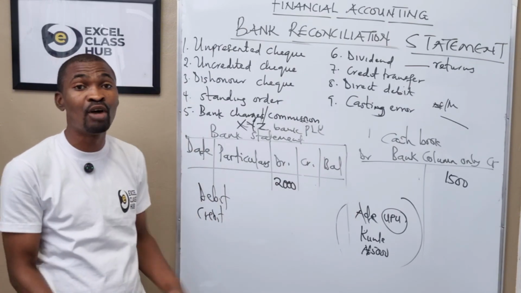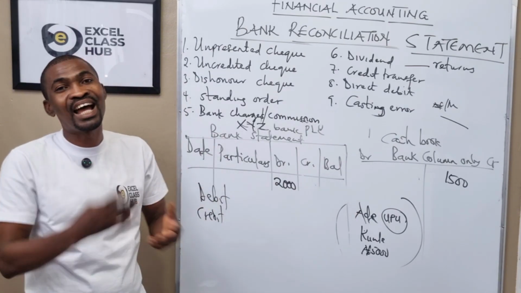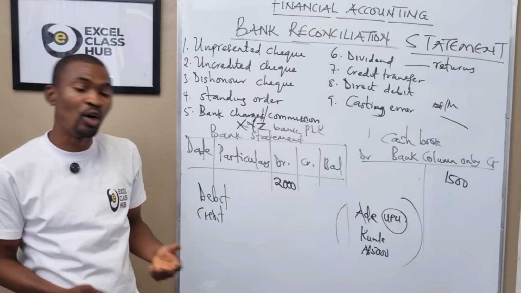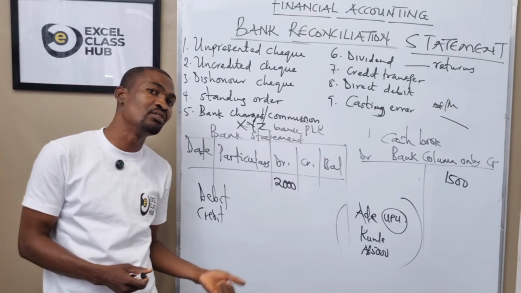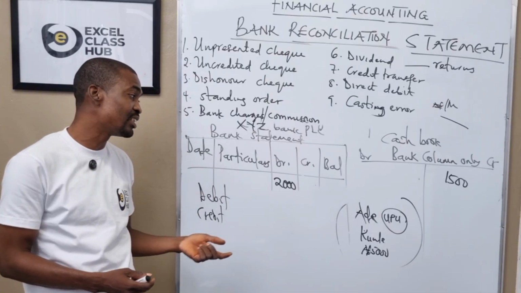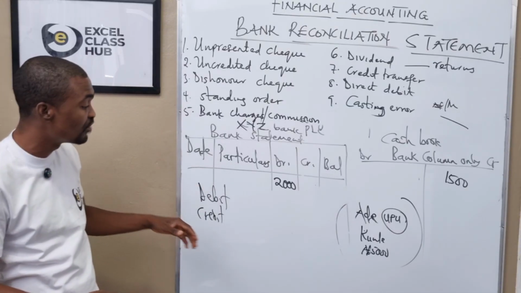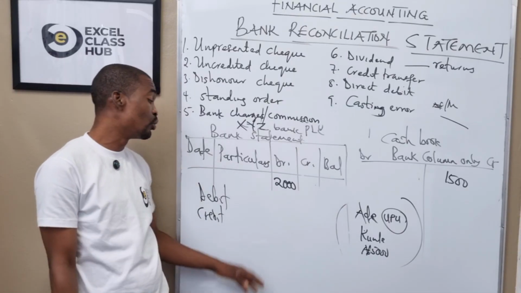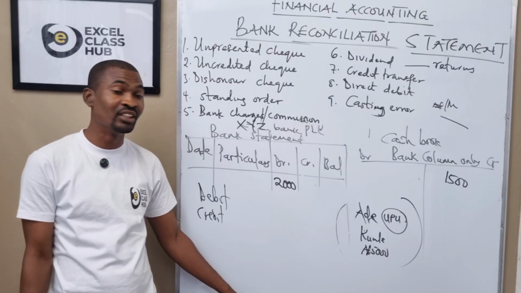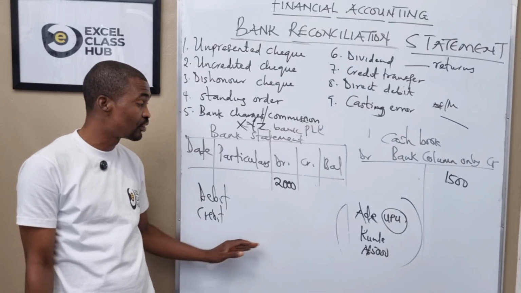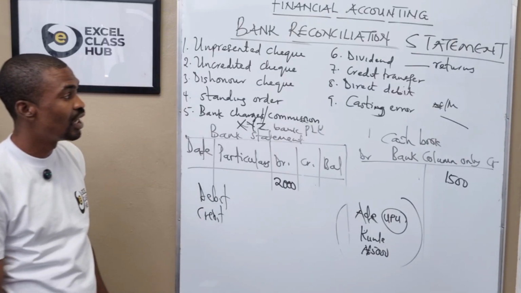That is why when money is paid into your account, the alert that you receive is credit alert. But when you use, for instance, your ATM card to withdraw money, the alert you receive is debit alert. So you can see it now. But in your cash book, it follows the golden rule of accounting, which states that for every debit entry, there must be a corresponding credit entry, and you debit the receiving account, you credit the giving account.